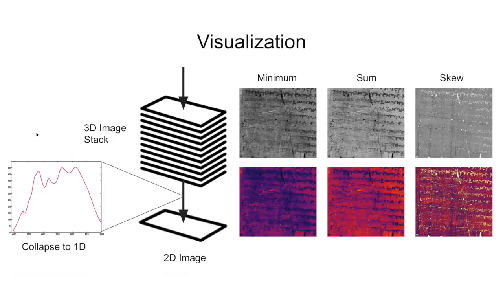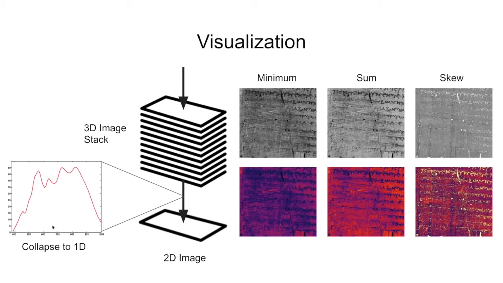So for the visualizations that we're generating here at Duke, we're taking the image stack that we get from the multispectral camera and placing the images in wavelength order to generate a 3D image stack. Then by going through each pixel of that 3D image stack, we have a spectral response curve for each pixel.